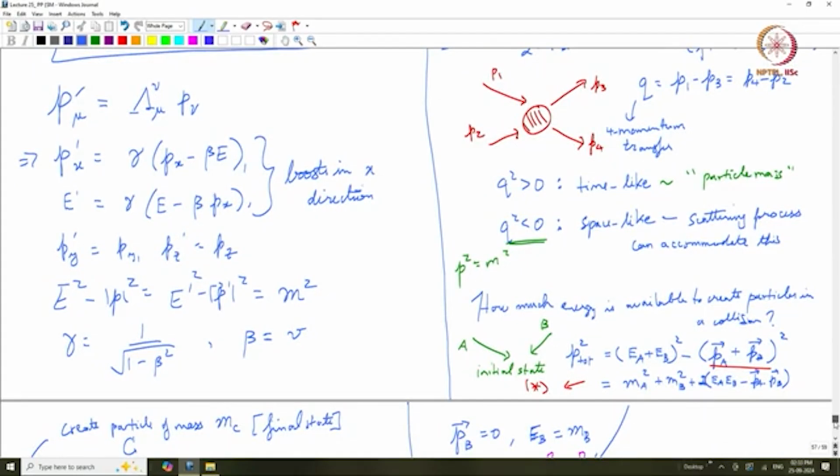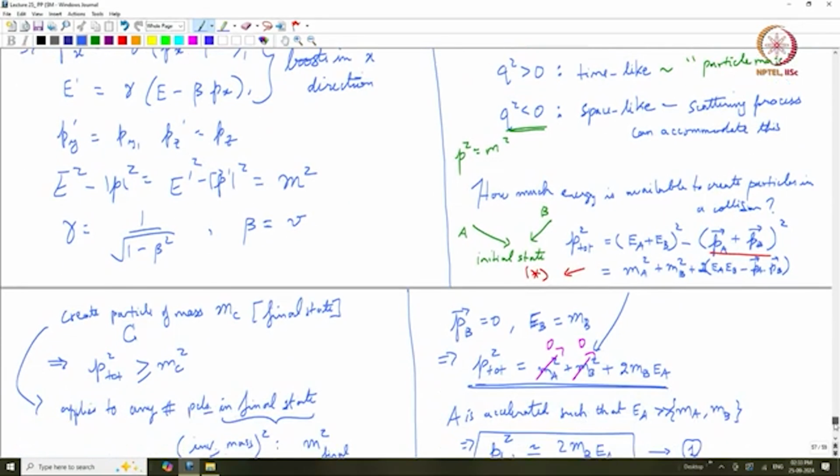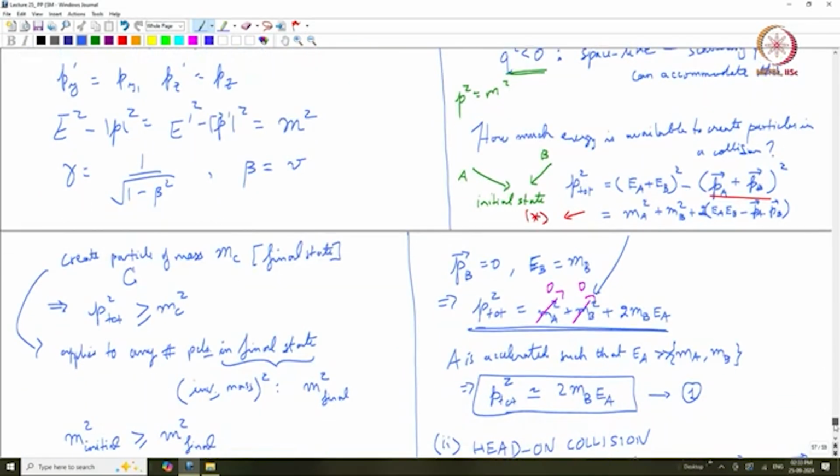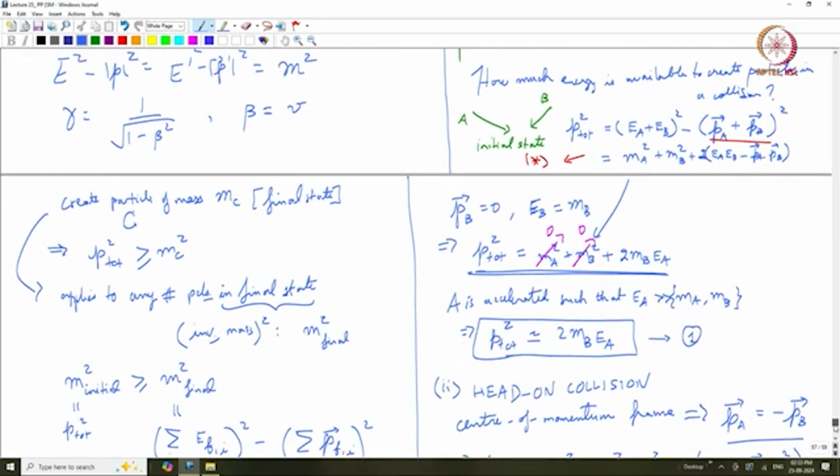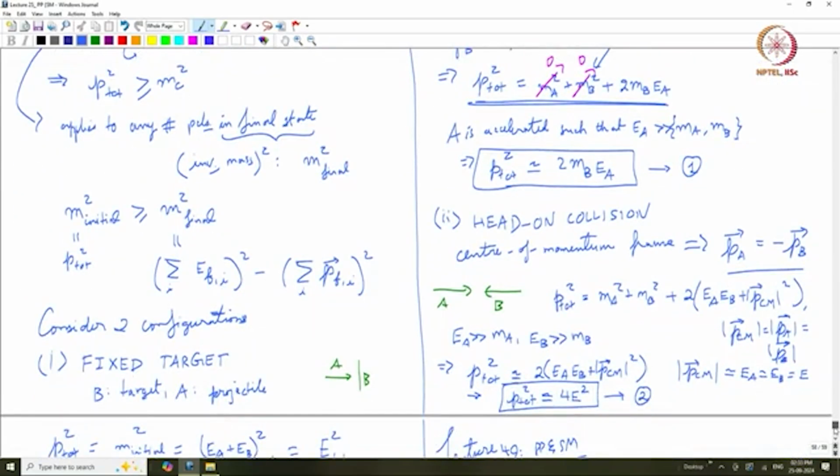So we worked out the invariant mass of the initial state, and we wanted that to be larger than the invariant mass of the final state. Stands to reason, right?